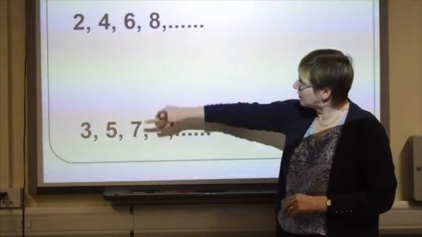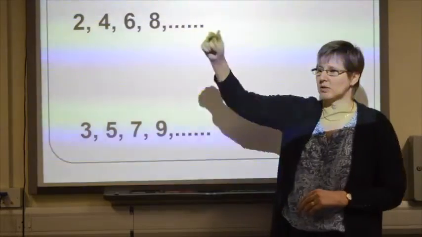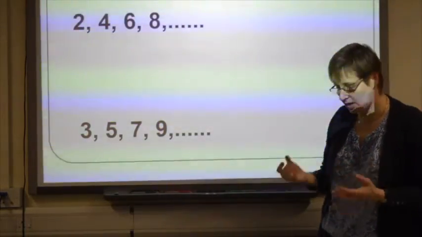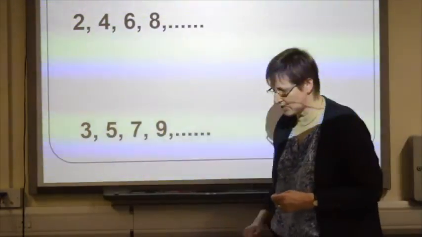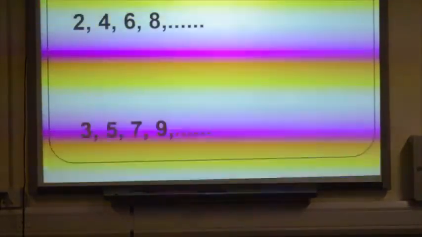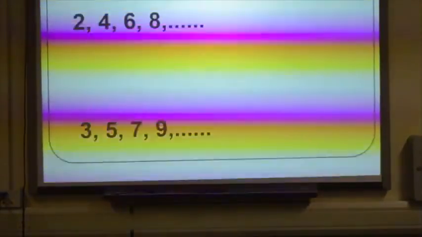But what is different about this one to this one? The top one starts with a 2 and the bottom one starts with a 3. Excellent. So instead of saying 2, 4, 6, 8, I'm going 3, 5, 7, 9.